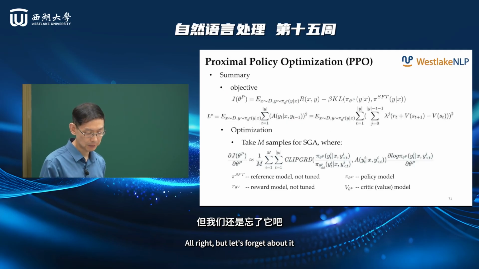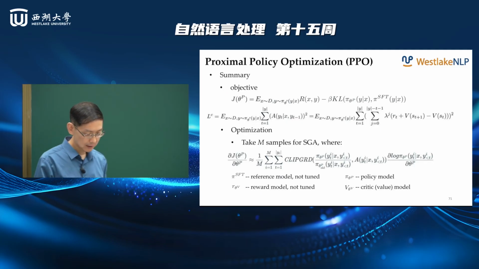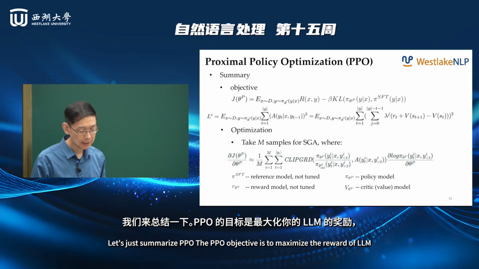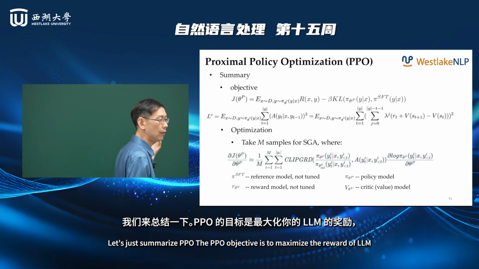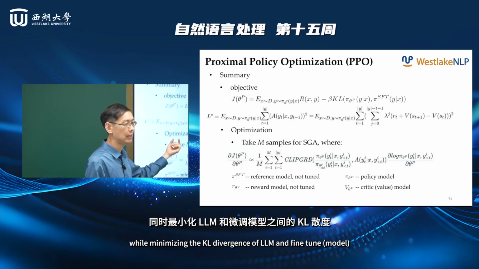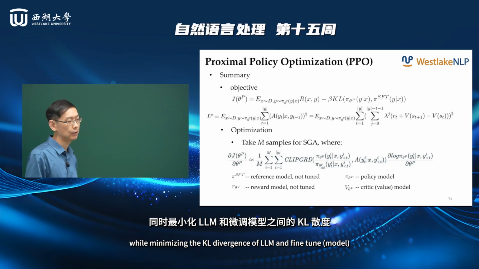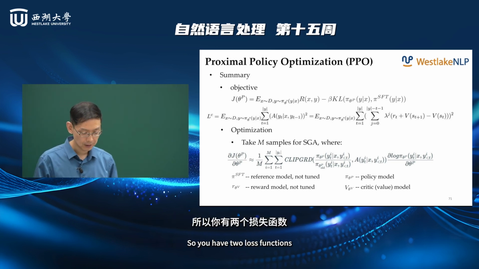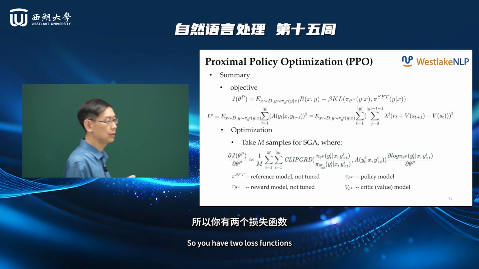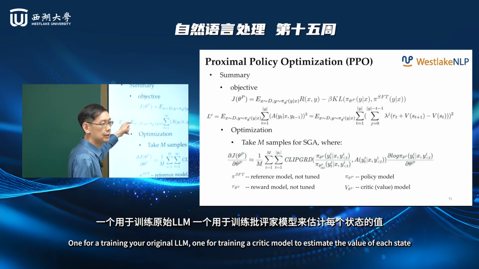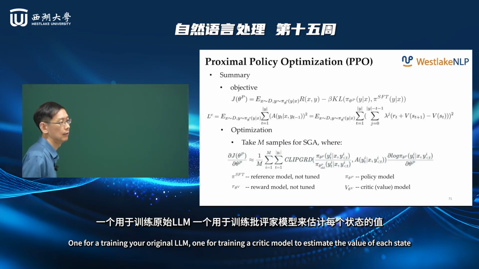Let's just summarize PPO. The PPO objective is to maximize the reward of your LLM, while minimizing the KL divergence between your LLM and the fine-tuned LLM. So you have two loss functions, one for training your original LLM, one for training a critic model to estimate the value of each state.